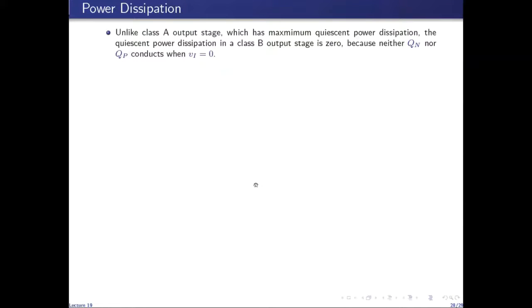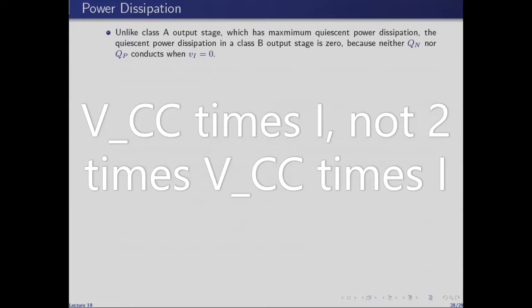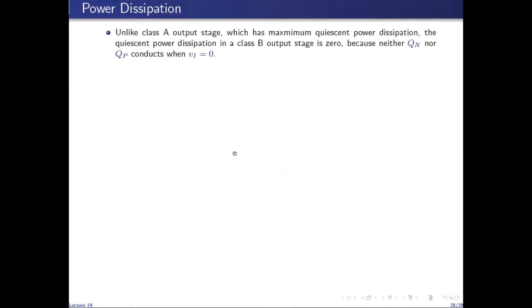So we see that unlike the class A amplifier, which has a maximum power dissipation in the quiescent state, where the maximum power dissipated was equal to 2 times VCC times I under the quiescent conditions, the quiescent power dissipation in the class B amplifier is 0.